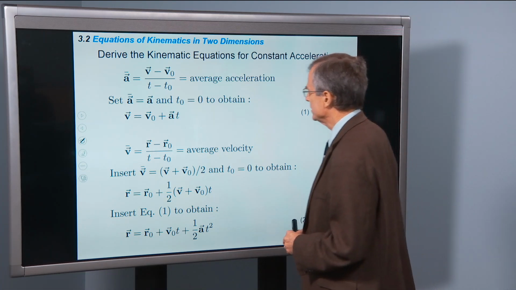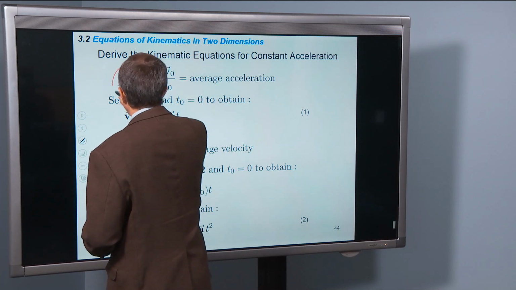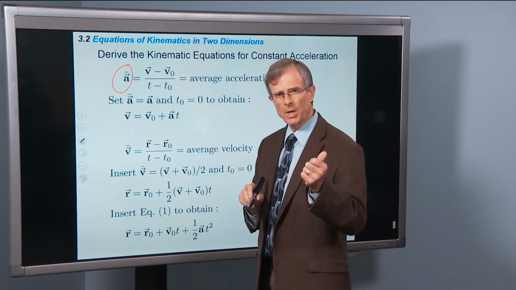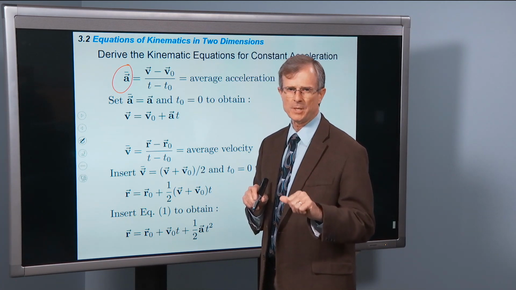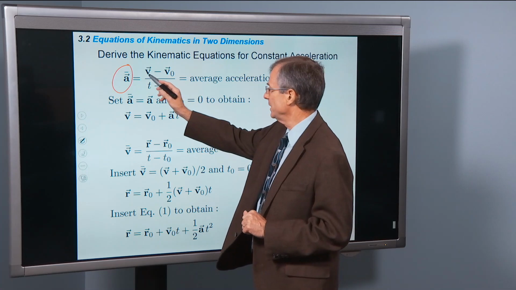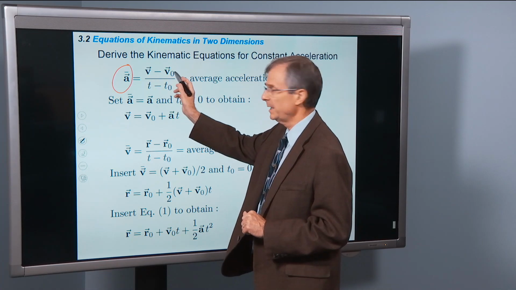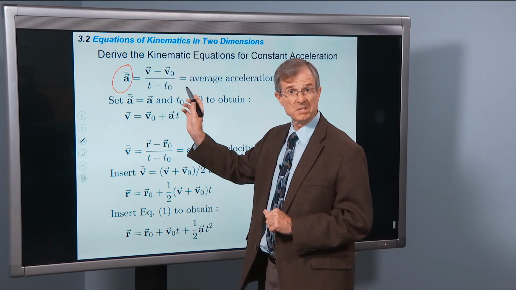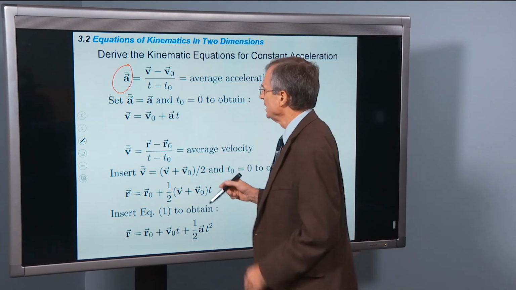Well, what is the average acceleration in the first place? It has a bar over it, so it means average. It's the change in the velocity divided by the change in time. Instead of writing that as a delta V, I've just written it as V, the final, minus the initial. Instead of writing this as delta T, I've written it as T minus T initial. No big deal.